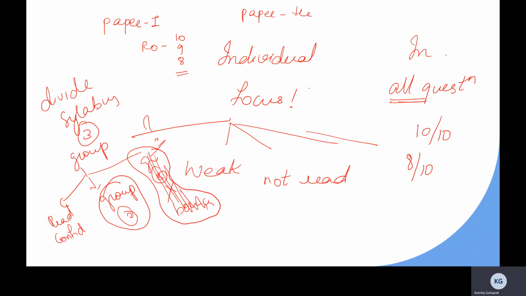Make a list of the topics or chapters which fall under group 3. Likewise, make the same list in your systemic pathology, the systems which you have never read, like peripheral nerve, muscle. Try to finish these off within 10 to 15 days, by the end of January, right? Then you will be confident that almost all topics you know a little bit.